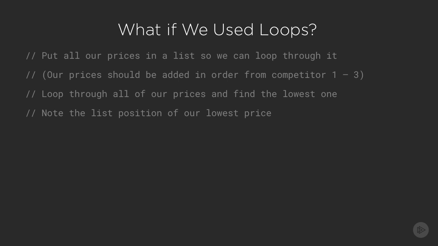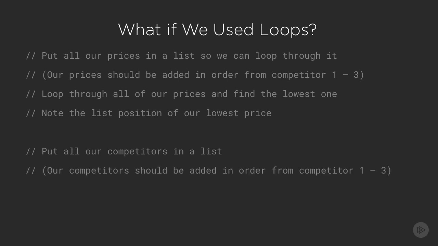Then using that position, we can grab the matching competitor given it's also in a list that's ordered the same way. So we could have 2 lists, one with all prices and one with all competitors. And both lists would specifically be ordered from competitor 1 to 3. If we know the second price is the lowest one, we can grab the second competitor from our other list.